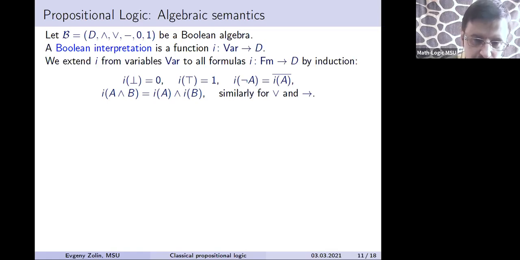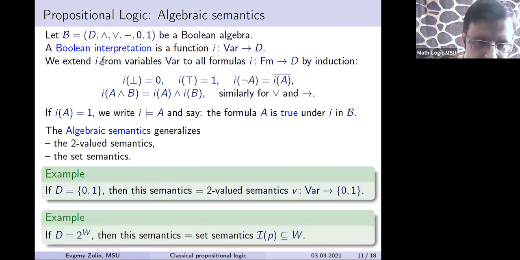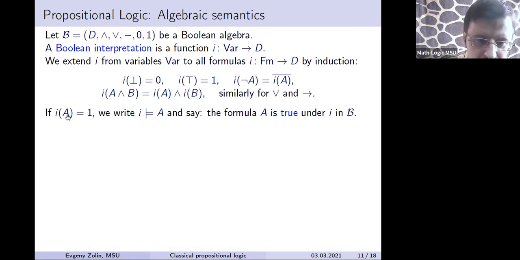So every formula has its value. Its value is an element of D. Not a subset, but an element. And now again, some list of standard notions. So if the value of this formula A is the element 1, in fact, one can see that 1 is the greatest element in this algebra.